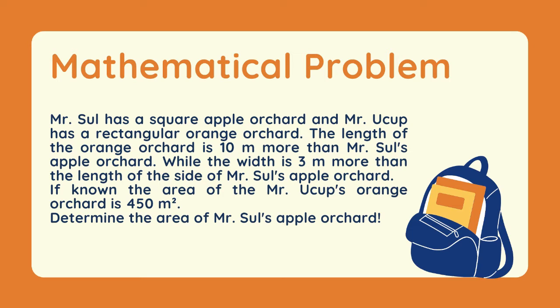The length of the orange orchard is 10 meters more than the side of Mr. Soal's apple orchard, while the width is 3 meters more than the length of the side of Mr. Soal's apple orchard. If we know the area of Mr. Ucup's orange orchard is 450 meters square, determine the area of Mr. Soal's apple orchard.